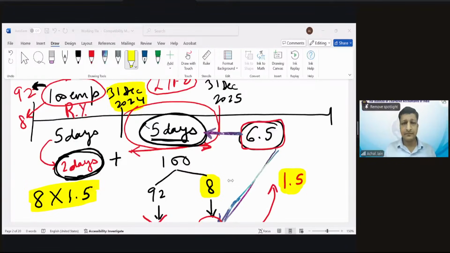And sir, if they do not avail the last year's leave in this year, will it lapse for the next year? See, that is again dependent on the policy of the company. So there are two different aspects here. Let's be very clear on that. When you look at the leaves policy, who will decide that? It will be decided by the organization.